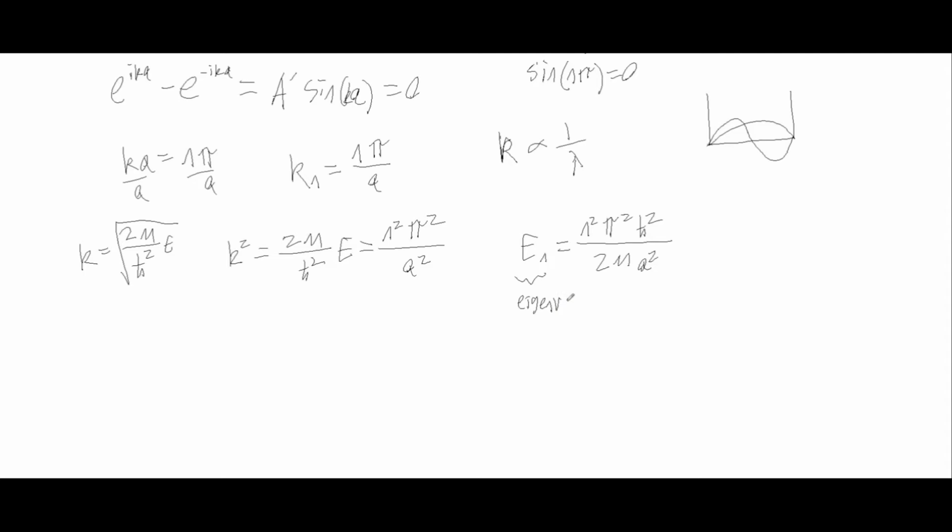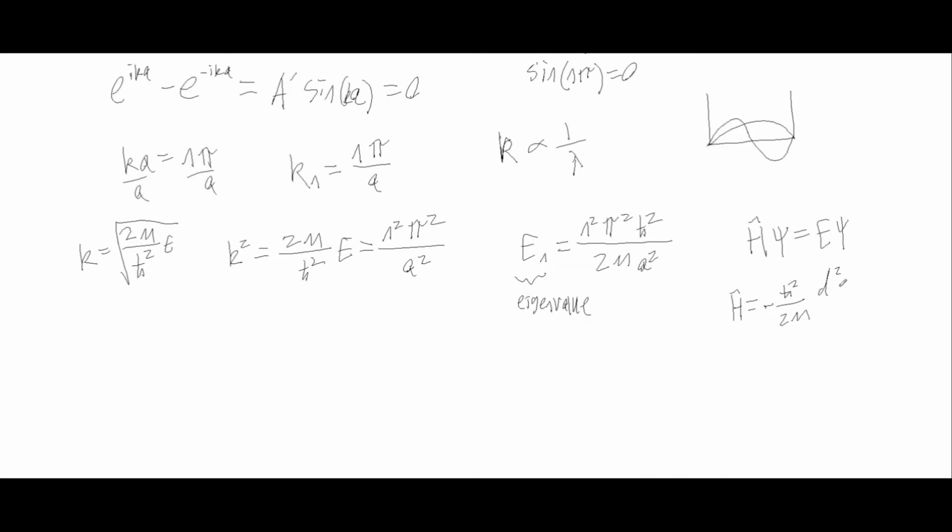In this, E is an eigenvalue. If you remember our Schrodinger equation, you'll often see it in this form, H psi equals E multiplied by the wave function. The H, if you remember, was from our time-independent Schrodinger equation, minus h bar squared over 2m times the second derivative.